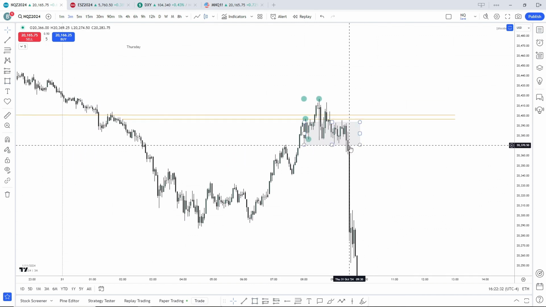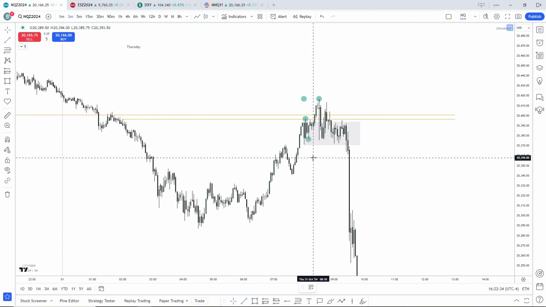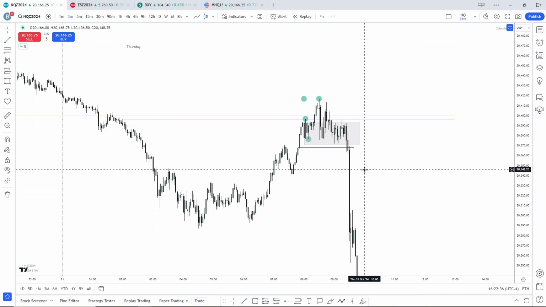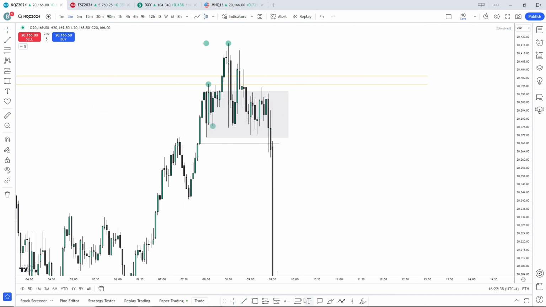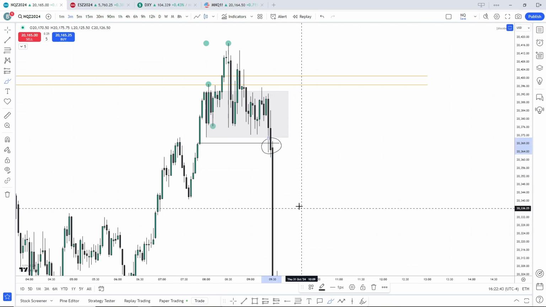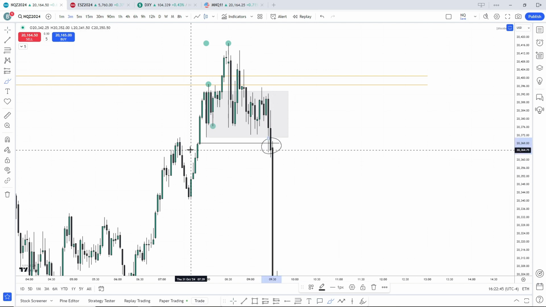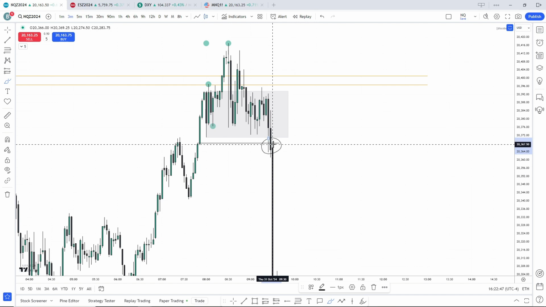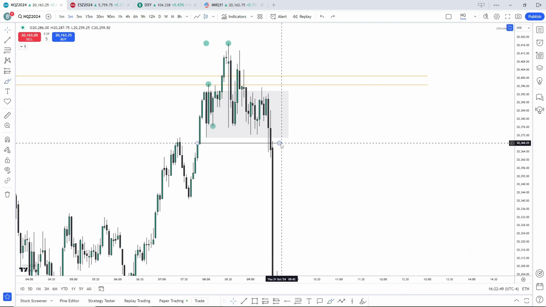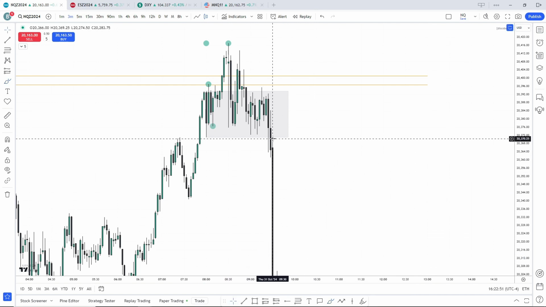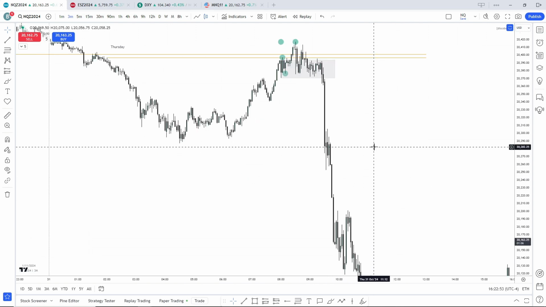Close below, enter. You can see it doesn't tag into the breaker. Why? Because this area right here is a balanced price range with this wick and this body and this inefficiency. So it doesn't need to tag the breaker. Just some nitpicky stuff. But enter short, you get a monster sell-off, right?